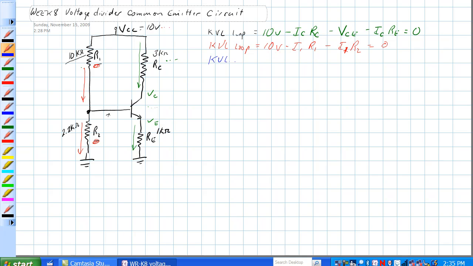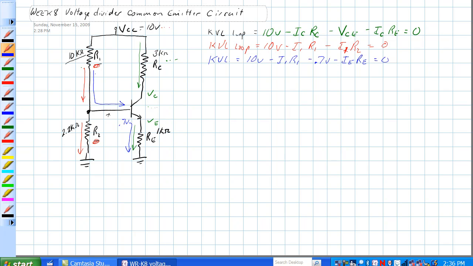We KVL this loop. We have it going this way and current this way. So that starts at ground, goes 10 volts minus I1 R1 minus the 0.7 volt drop here, minus IERE, is equal to 0.